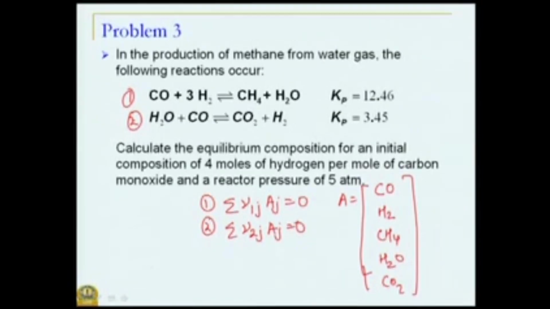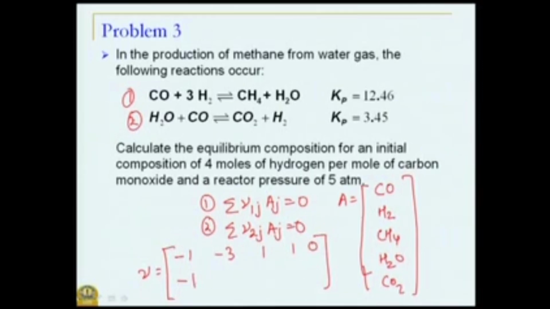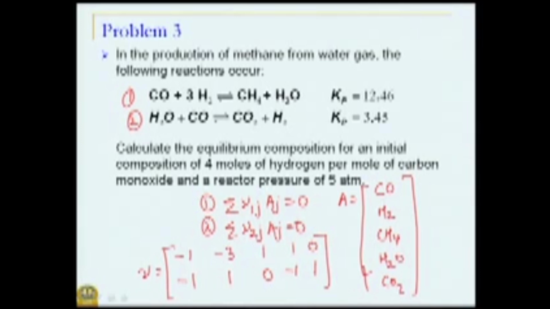What is my nu matrix? Stoichiometric coefficient matrix. Again, I will not write species on the top and reactions on the side, but directly write it: minus 1, minus 3, 1, 1, 0, and then for the second reaction minus 1, plus 1, then 0, minus 1, again plus 1.